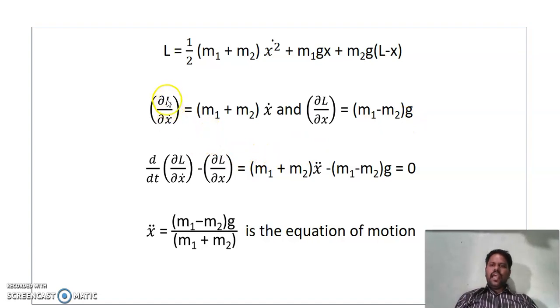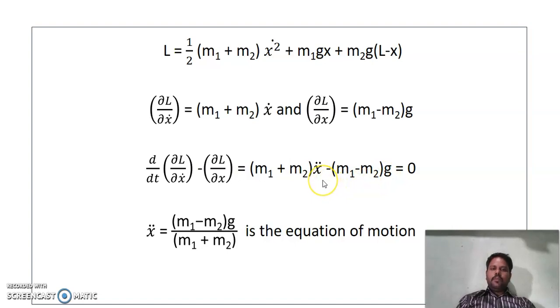Substituting ∂L by ∂ẋ and ∂L by ∂x in the Lagrangian equation, and differentiating d by dt of ∂L by ∂ẋ, it reduces to m1 plus m2 into ẍ minus m1 minus m2 into g is equal to 0.